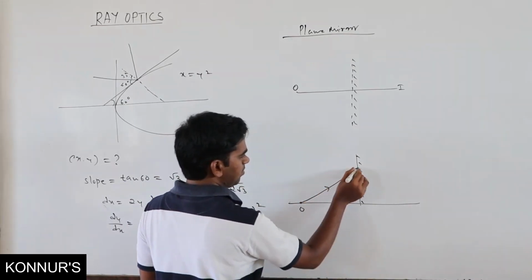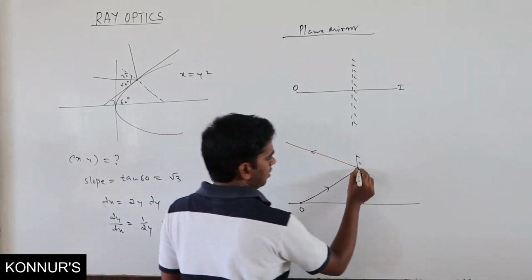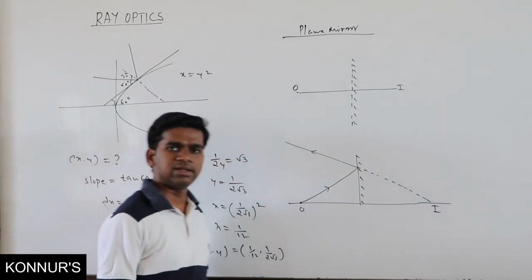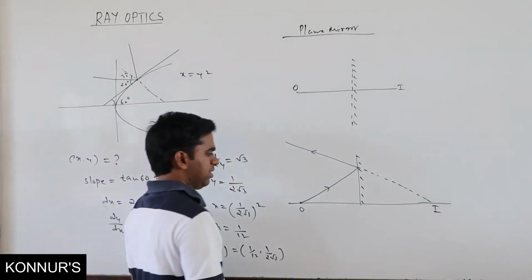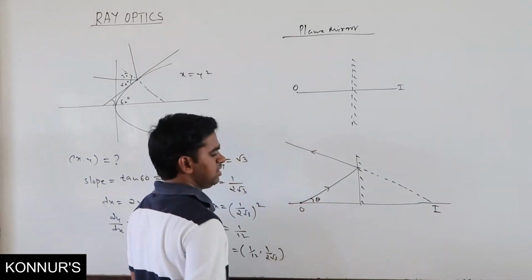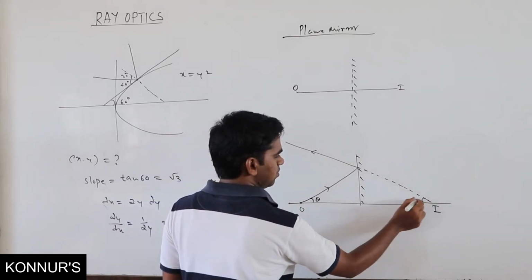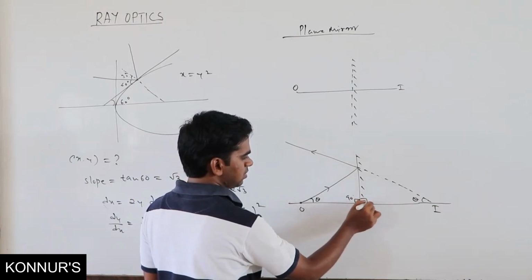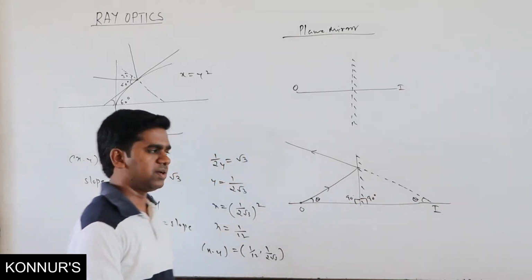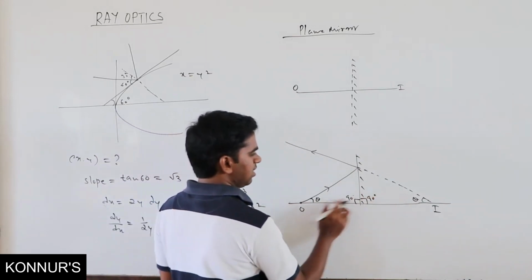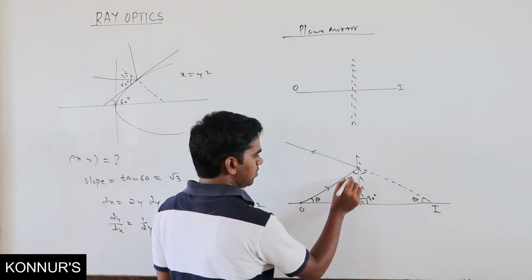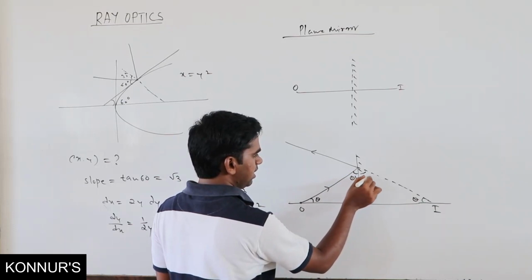So a ray of light will come here, then it will reflect. If you extend this line, what you will get is the image. If suppose this is angle theta, what is this angle? This is also going to be angle theta, and this is 90 degrees, and this is also 90 degrees. So if two angles are the same, then the third angle is also going to be the same. So this you can take as theta dash.